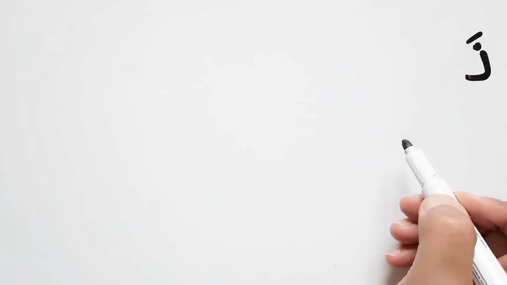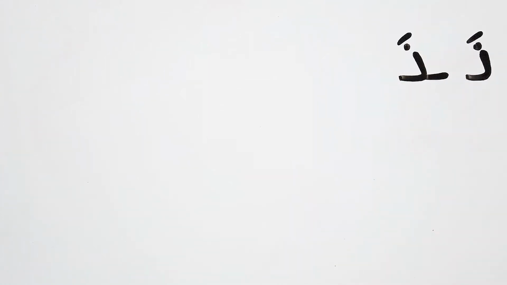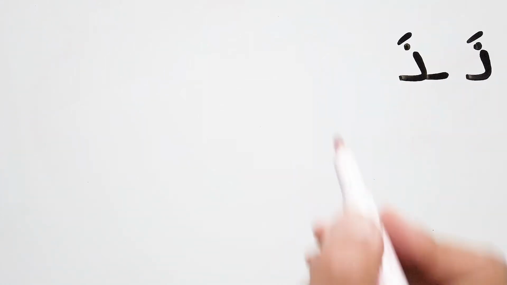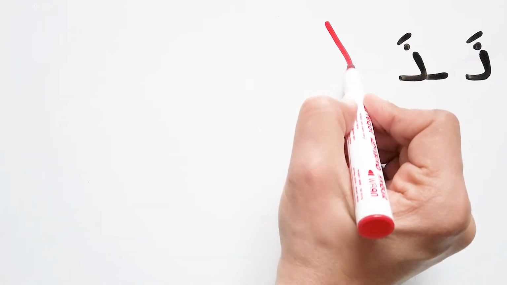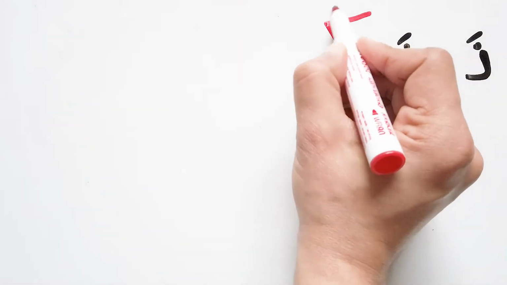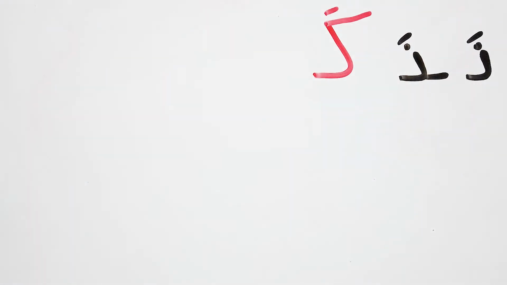So based on what we have learned today, we know that we have two shapes of the, right? The first one is this one, the, and the second one is this one, the. Let's check ka. We have many shapes of ka. The first ka is this, right? When ka in the beginning of the word.